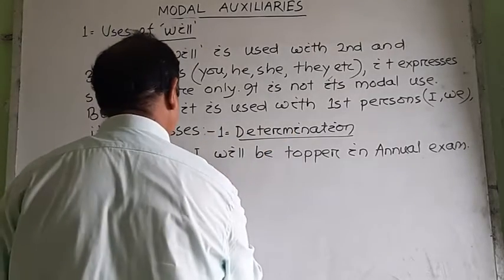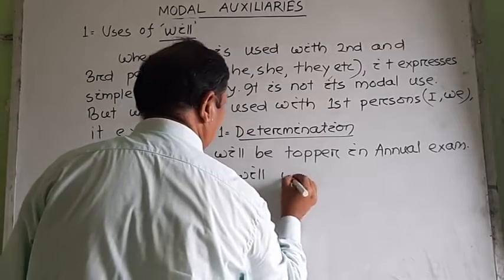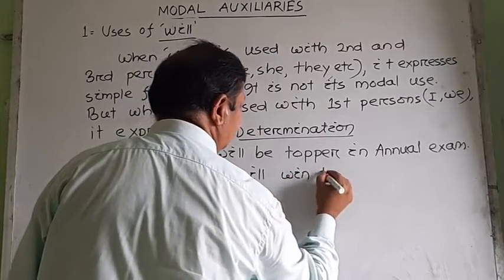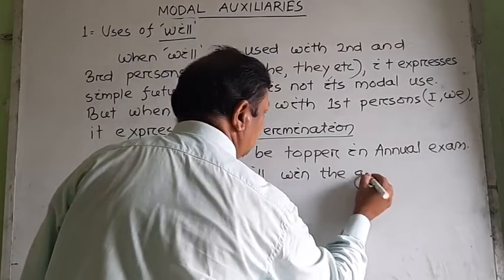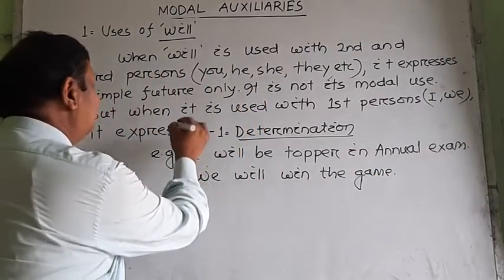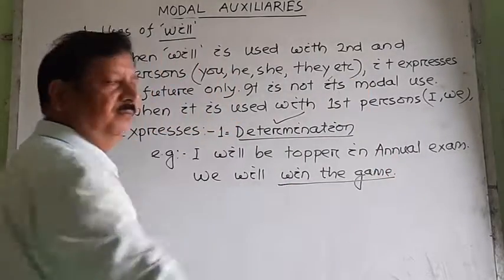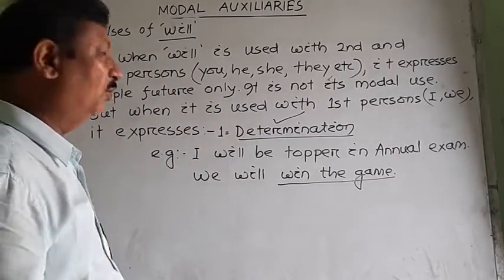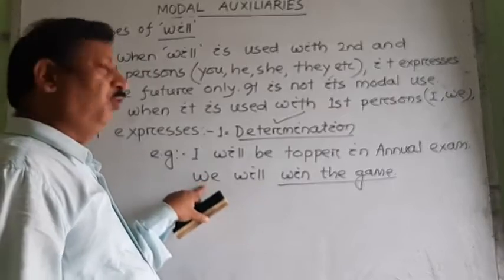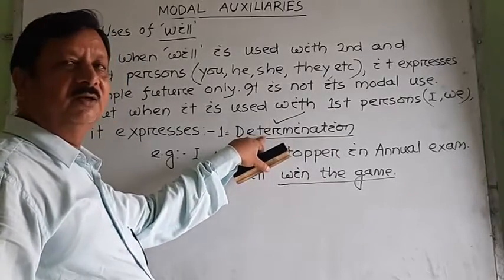Exactly, we will win the race or game. That means all the people in mass, they are determined that they must win the game. See the change of the mood, what the will when used with first person, at that time expresses the determination.